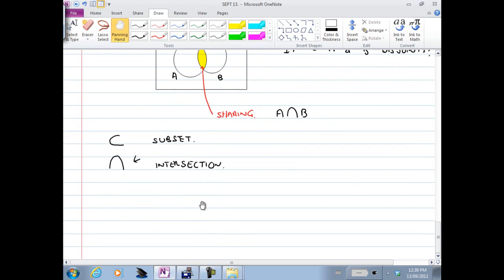I can show you another symbol. Instead of writing the upside down U, I can write a proper U. This is now called union.